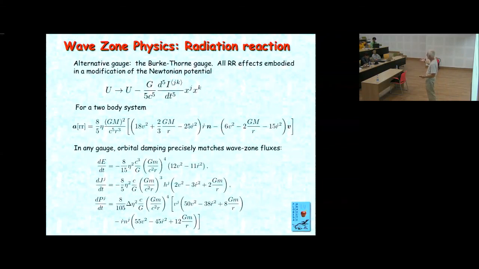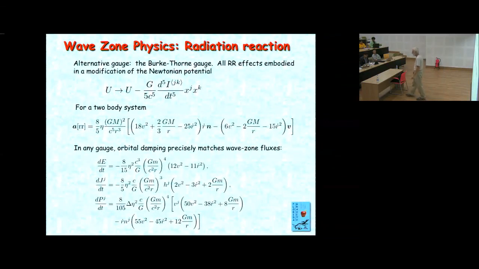One, a multipole expansion in the far zone, integrating over the surface at infinity to calculate these fluxes. The other, a completely different expansion, expanding in powers of retardation, staying within the near zone, doing the calculation, but the answer you get for these quantities is exactly the same in both methods.